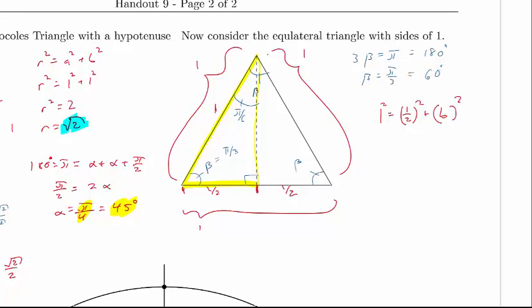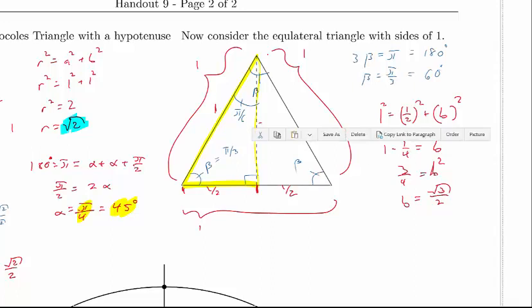We've got 1 minus 1/4 equals b squared, which is 3/4. Now we take the square root of both sides and we find that b equals √3 divided by 2. Note that I'm not selecting positive or negative. We're just dealing with a length. Lengths are always positive. All right, so √3 over 2, that is this length right there.